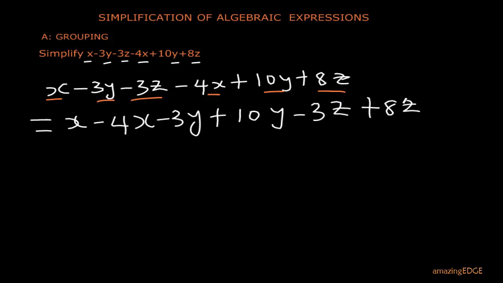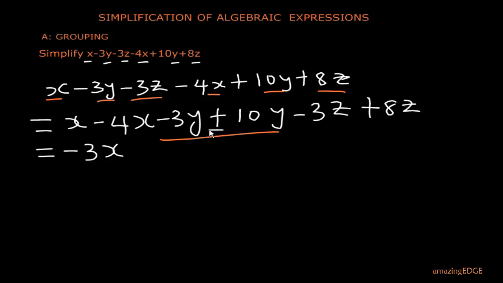So now, since we have grouped them together, we now handle the arithmetic. So we now have that this will be equal to this. So x minus 4x, as you can see, x is less than 4x. So this will give us minus 3x. Okay. Then we look at this. What of minus 3y plus 10y? Let's write it in a way we can understand it.